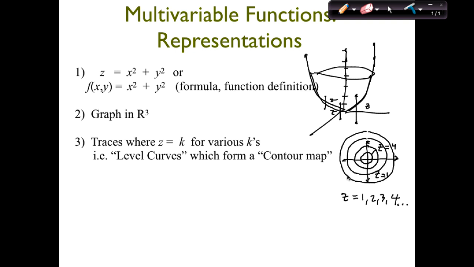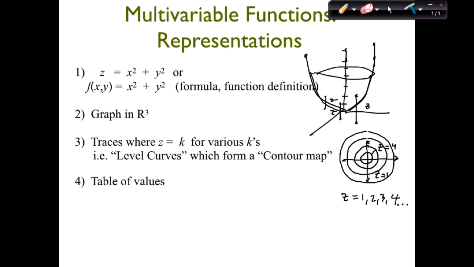Closer together. Does that make sense? For the same change in z, you see less and less of a movement outward because this thing is slanting up. So this contour map will be concentric circles that get closer together as you move away from the origin. That's traces.